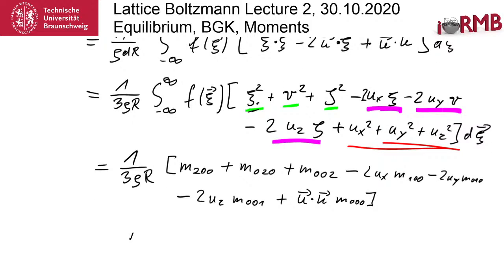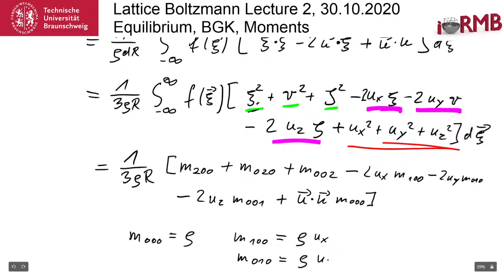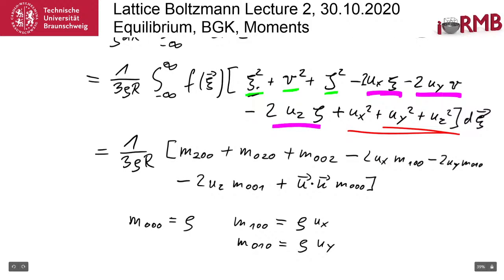Now there's an identification: M000, this is rho, M100 gives us actually the momentum, rho ux, M010 is rho uy, and M001 is rho uz.